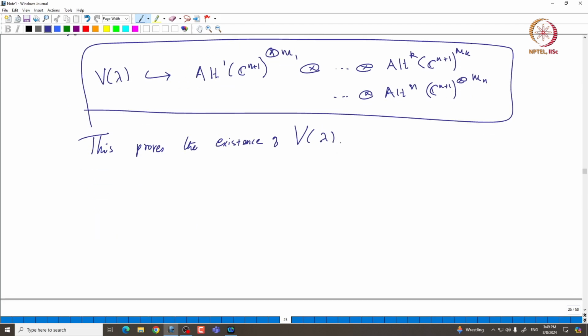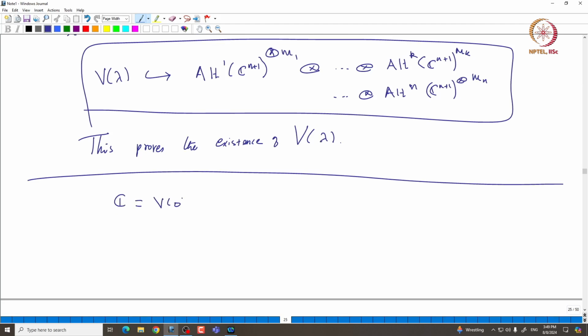Indeed, if you think about it, the examples that we have seen: the trivial module corresponds to V 0, and C n plus 1 corresponds to omega 1, and the dual of this indeed corresponds to the following. If you identify with the epsilon 1 basis, then this is V of epsilon 1, then this corresponds to V of minus epsilon n plus 1. That is the dual.